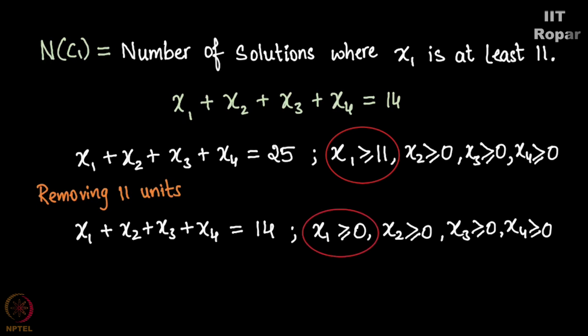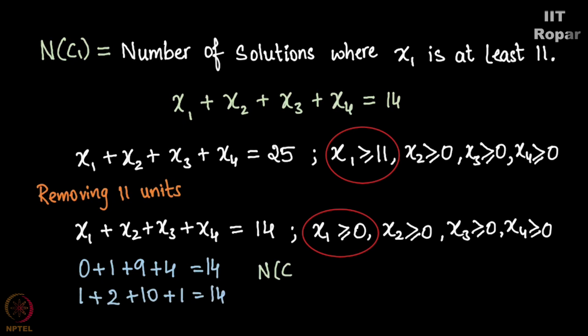Right? Let me enumerate some of them for you. If x1, x2, x3, x4, their sum is 14, some of the enumerations go like this: 0, 1, 9, 4, or 1, 2, 10 and 1, and so on.